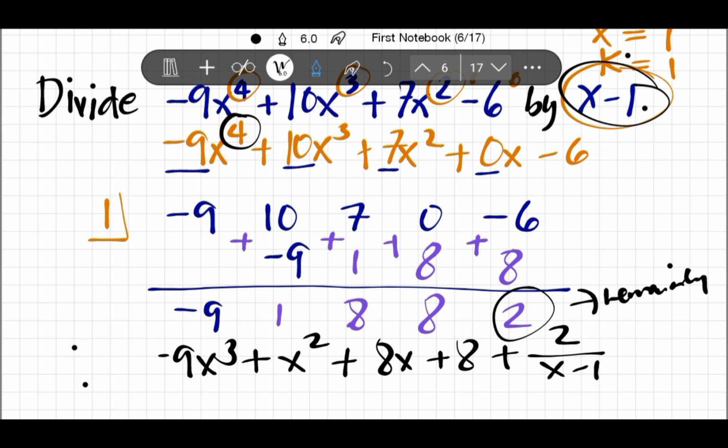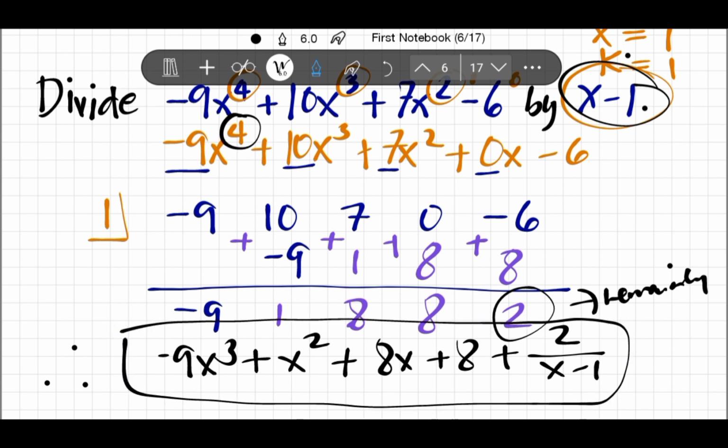So therefore, when you divide negative 9x to the fourth plus 10x cubed plus 7x squared minus 6 by x minus 1, the quotient is negative 9x cubed plus x squared plus 8x plus 8 plus 2 over x minus 1.